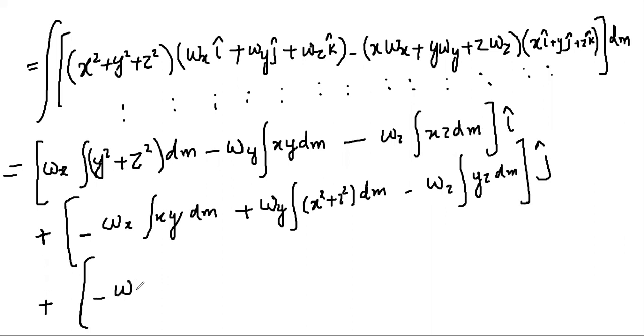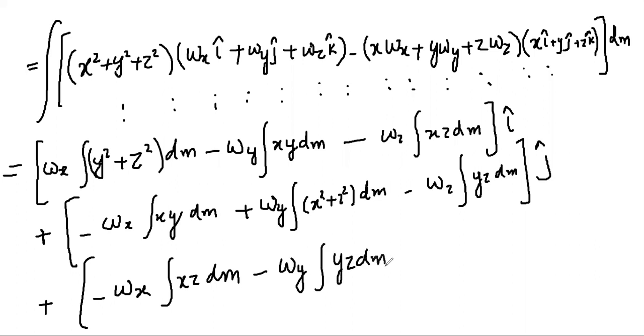minus omega x integral of xz dm, minus omega y integral of yz dm, plus omega z integral of x square plus y square dm, and this will be along k cap.